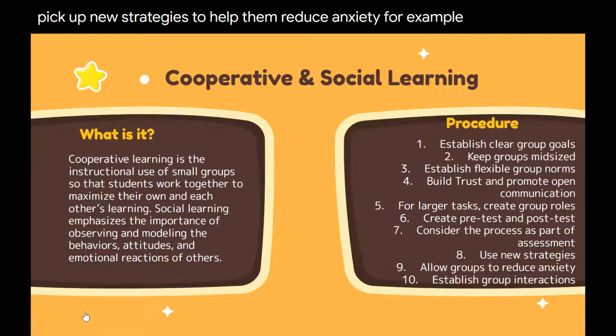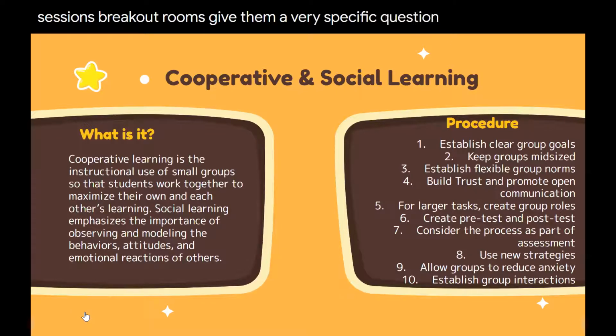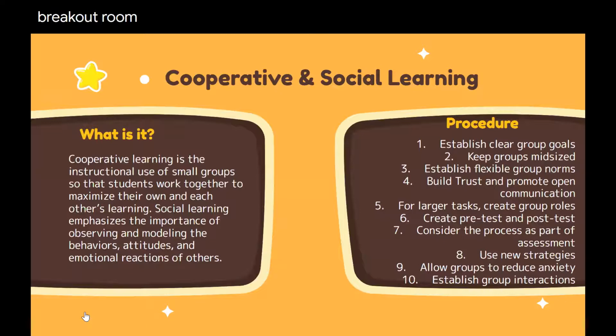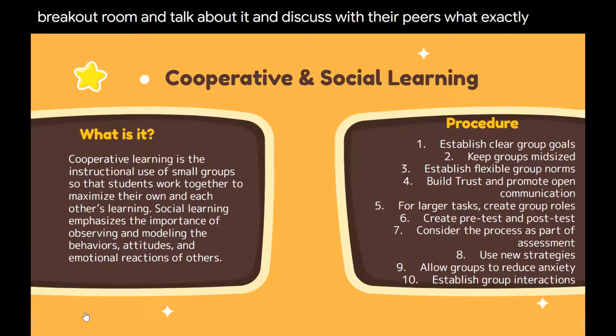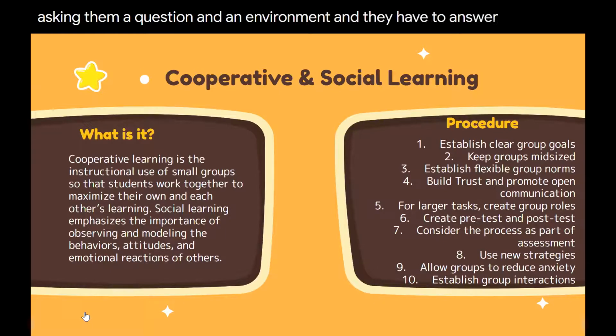For example, in the Zoom sessions, use breakout rooms. Give them a very specific question and let them go to a breakout room and discuss with their peers what exactly they're supposed to be doing, so that they don't feel like you're asking them a question in an environment where they have to answer.